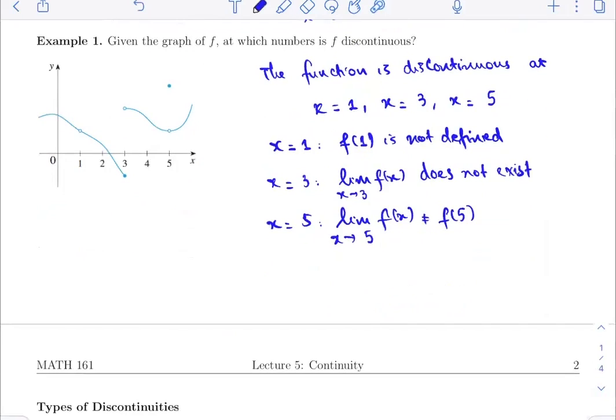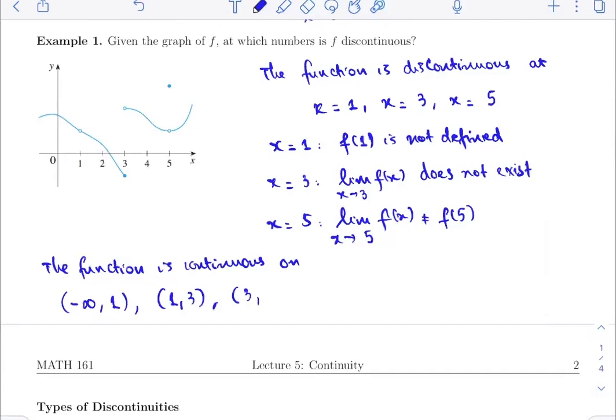From here, I can identify that the function is continuous on the following intervals: from negative infinity to 1, from 1 to 3, from 3 to 5, and from 5 to positive infinity. And remember, we don't use closed brackets to indicate the interval of continuity.